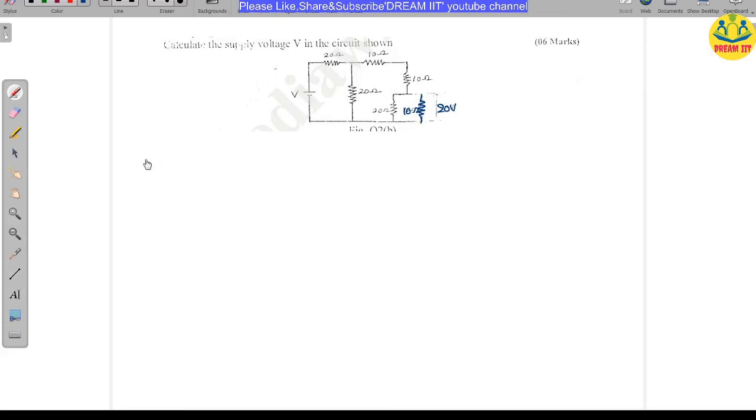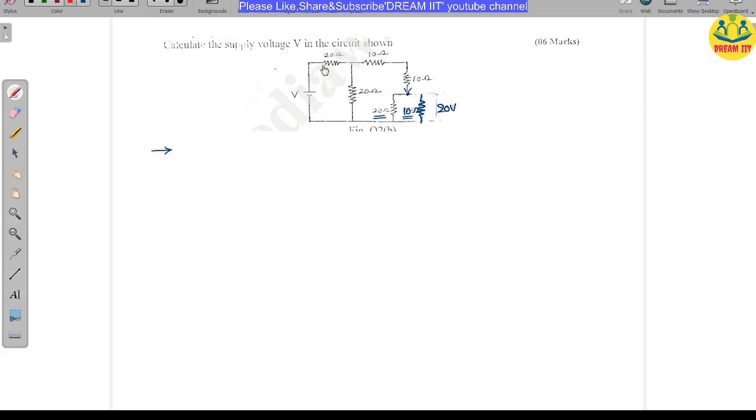This is also a very simple problem, you can do it very easily. First of all I have to reduce this entire network into a single resistance. If you observe this 20 ohms as well as this 10 ohms, they both are in parallel. Why am I saying in parallel? Because of the current coming to this point. I will highlight the current.